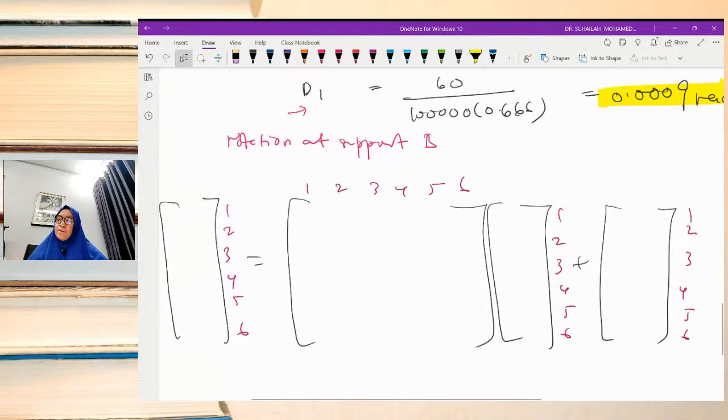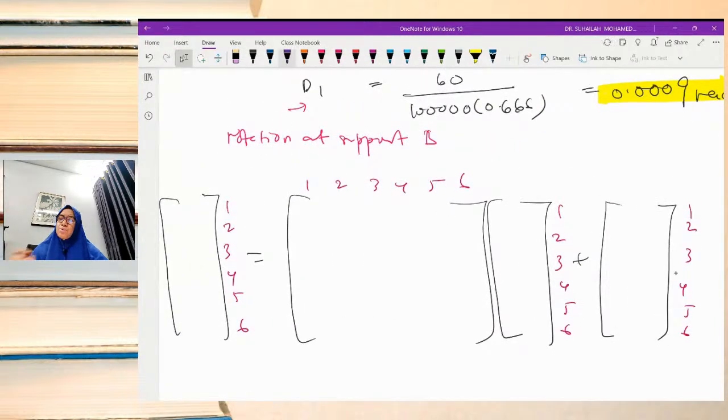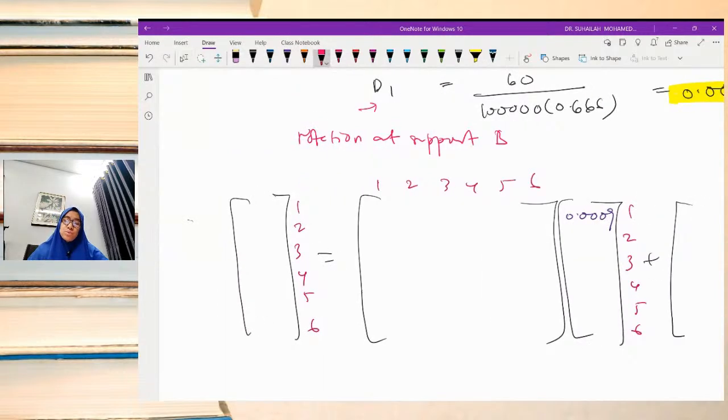And we have D1, which is now 0.0009. We want to calculate Q2.